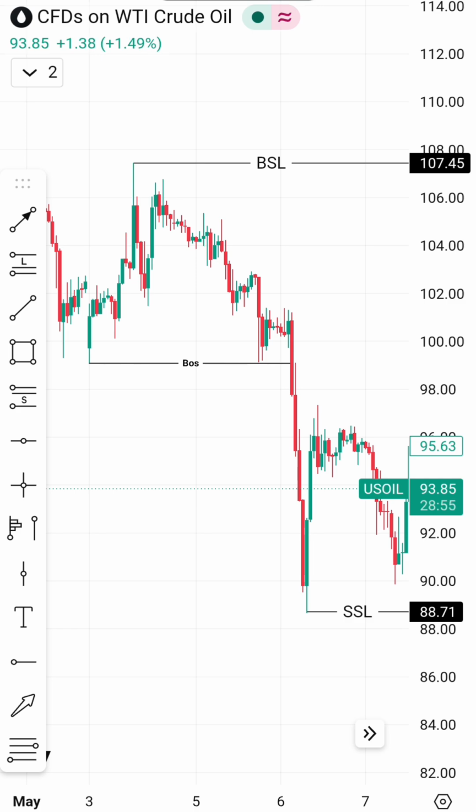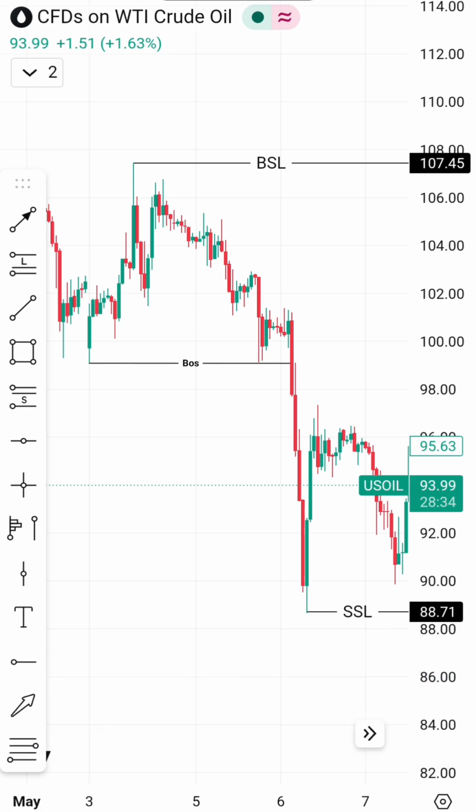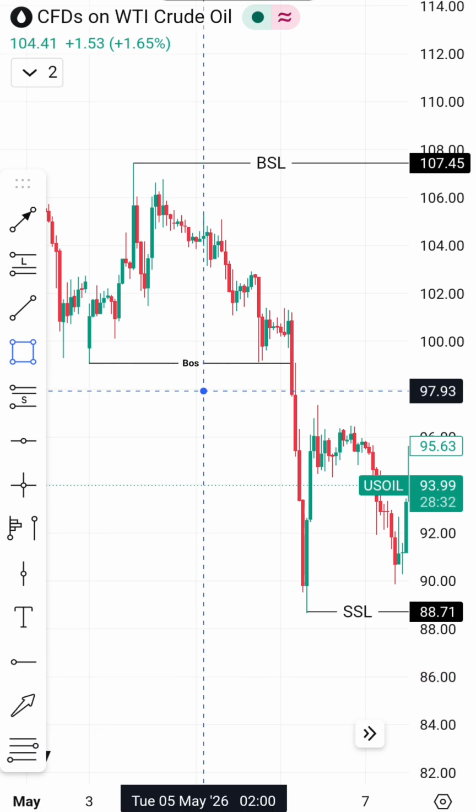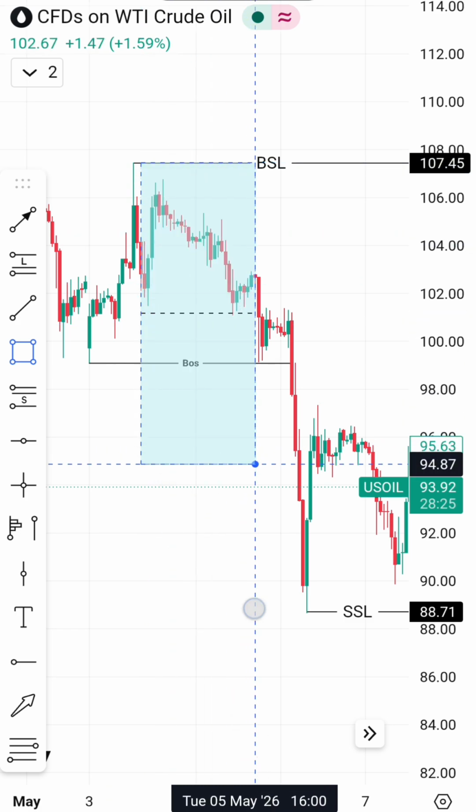And how do you identify that? When you're selling, you want to sell something when it is at the highest price. You don't want to sell it when it is cheap. So how do you identify? You come, you identify this zone from your buy side liquidity to your sell side liquidity.